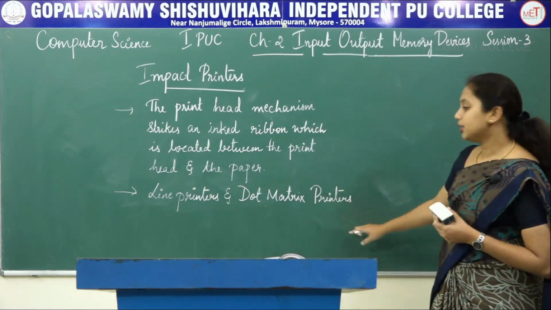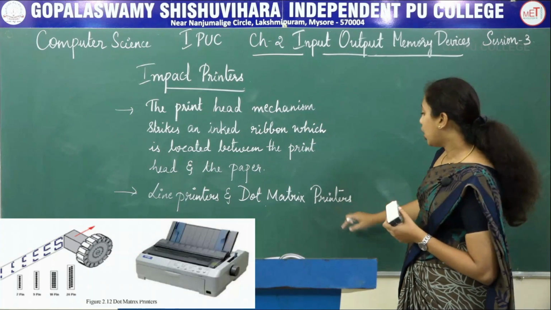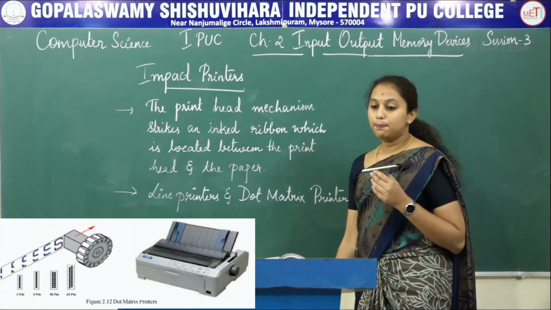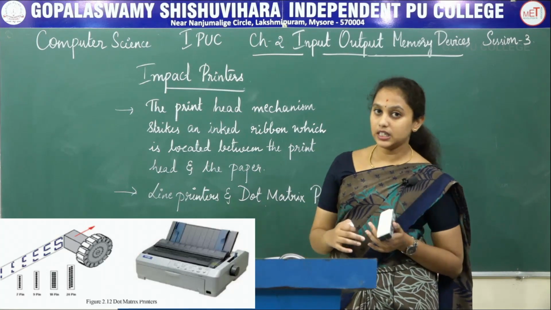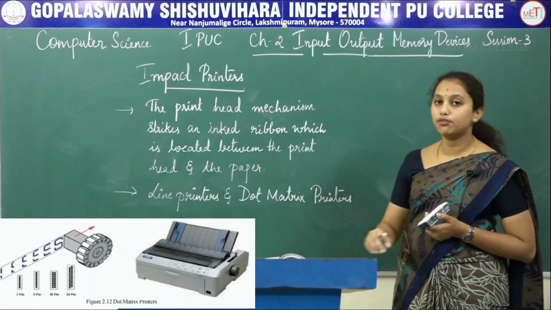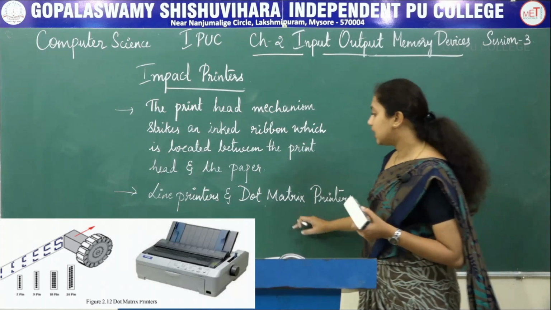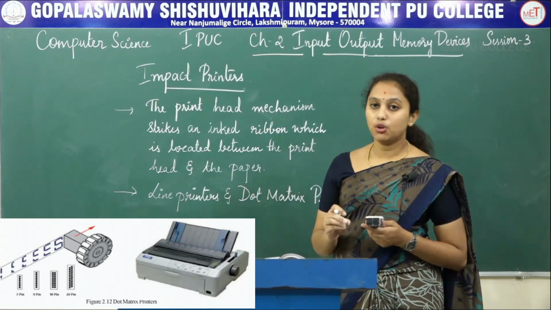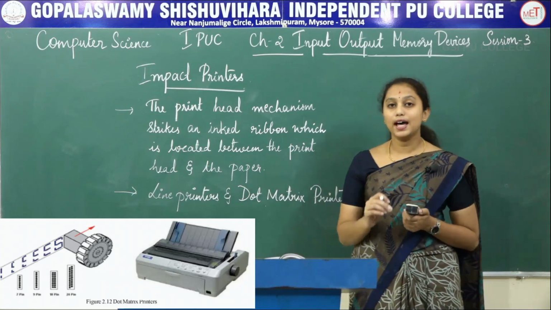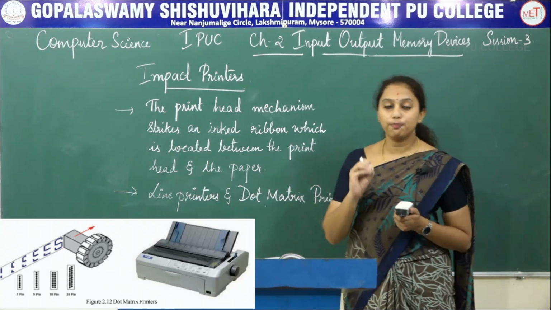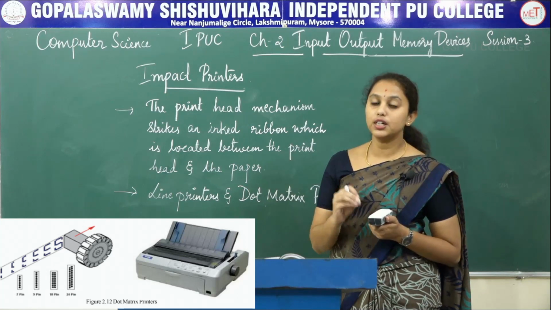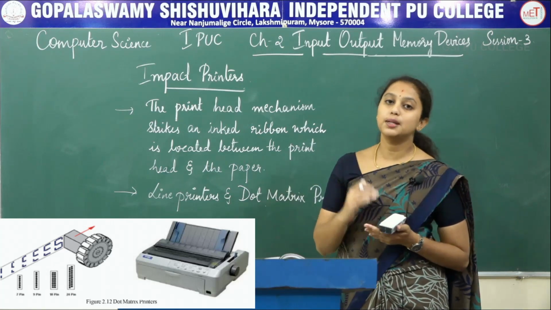When it comes to dot matrix printers, a dot matrix printer prints characters as a combination of dots. They have a matrix of pins in the print head to print the images.